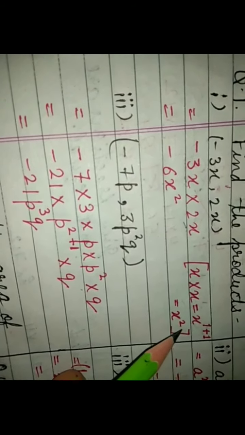So we multiply this variable by the second variable x. Because there is one x and there is a second x, we can add the powers 1 and 1. When bases are the same, we can add the powers. So the base x is the same. So 1 plus 1 equal 2. So x square. Answer is minus 6x square.